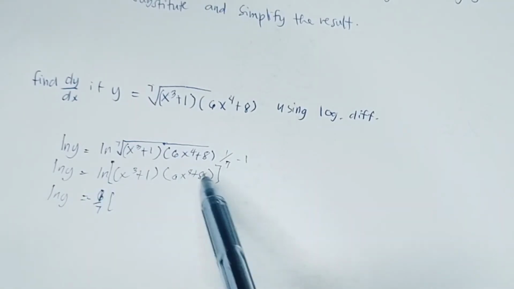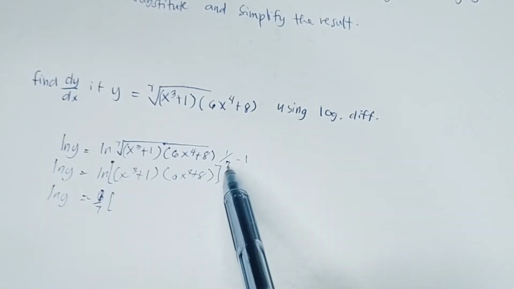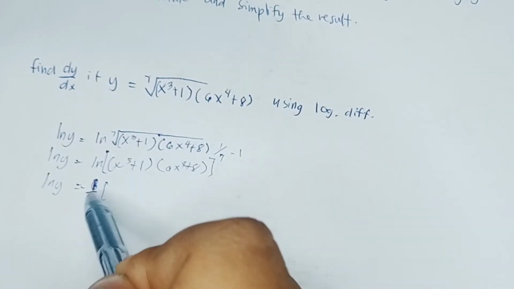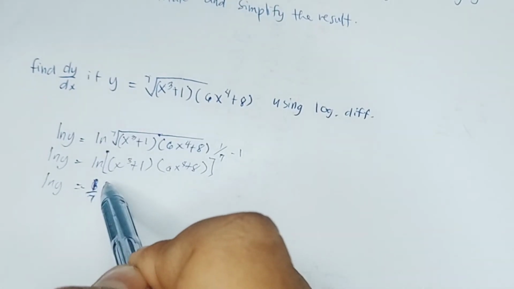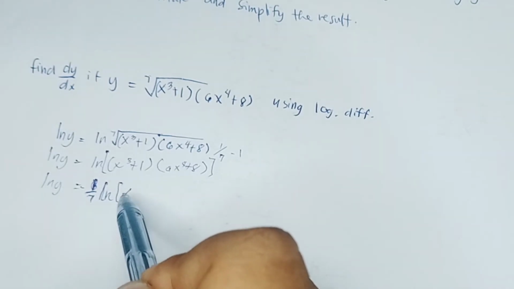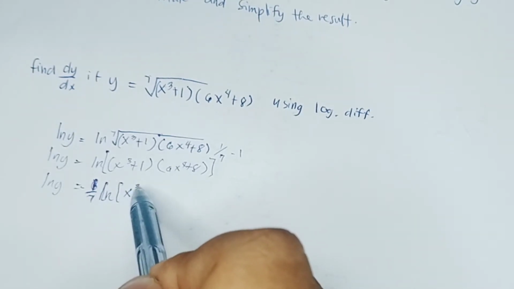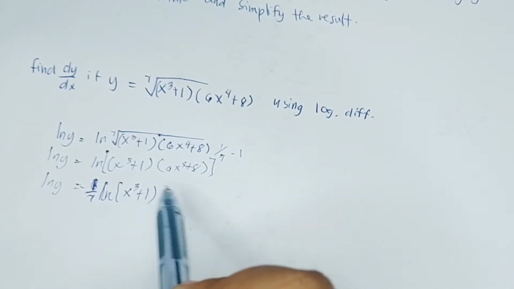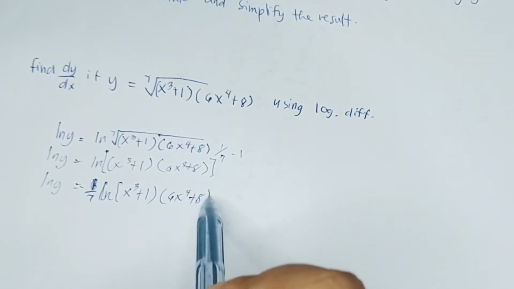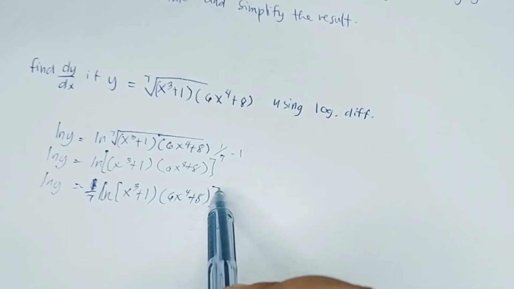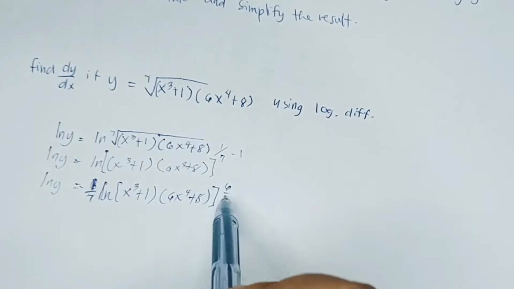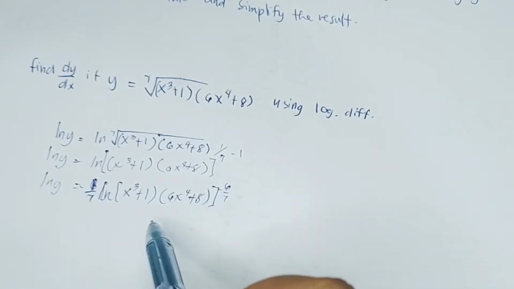We can also use the power rule, where the root 7 becomes the exponent 1 over 7, and put the 1 over 7 here: ln of x cubed plus 1 times 6x raised to 4 plus 8, and the power will be 1 over 7.